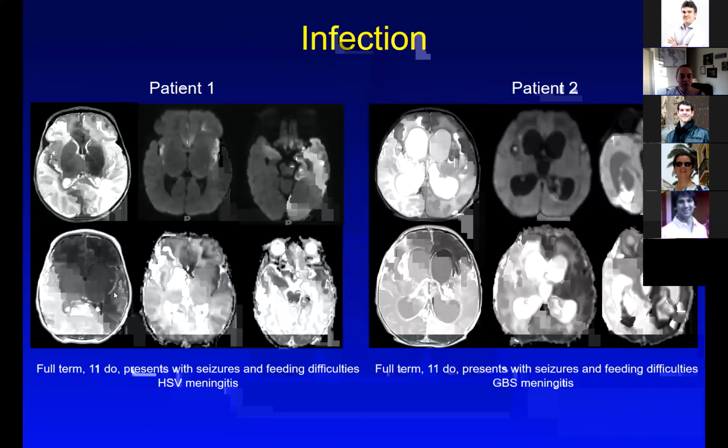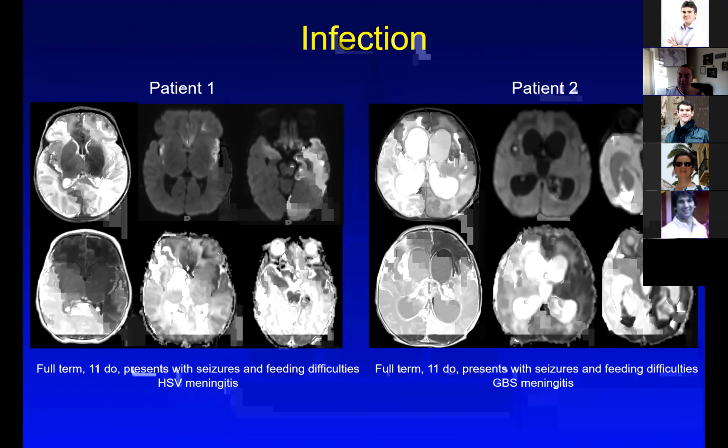And on the post-contrast images, you can see the meningeal, leptomeningeal increased enhancement. The white matter signal is also increased in this patient, which gives the impression that there is also some generalized inflammation and edema. The presentation was seizures and feeding difficulties, and further workup demonstrated this HSV meningitis.